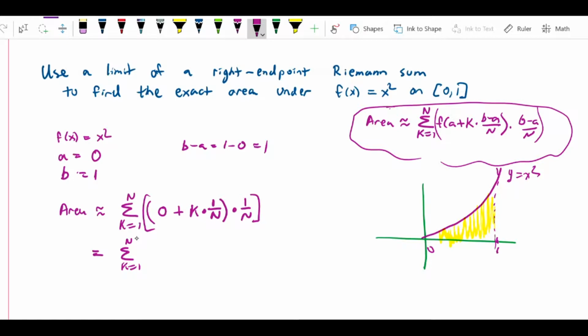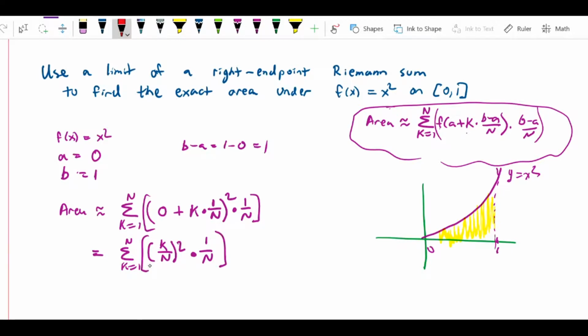the sum from k equals 1 to n of, oh sorry, this is squared, because the function is x squared. So since I'm taking f of 0 plus k times 1 over n, as you can see here, and applying f to that, I have to square what goes inside. So I'm rewriting this as k over n squared times 1 over n.